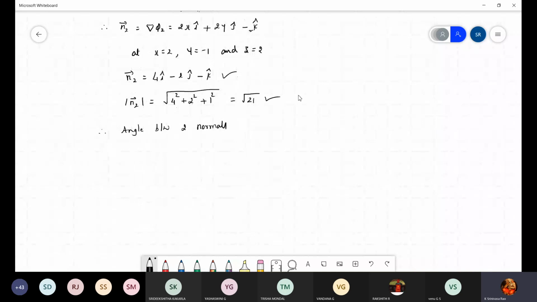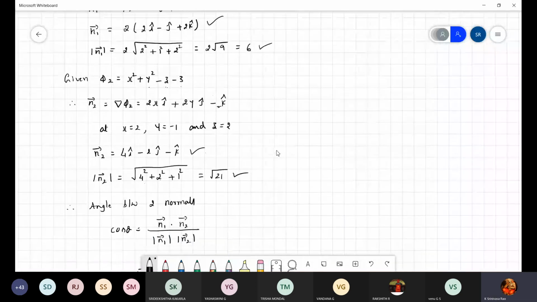Cos theta equals vector n1 dot vector n2 divided by magnitude of n1 into magnitude of n2.